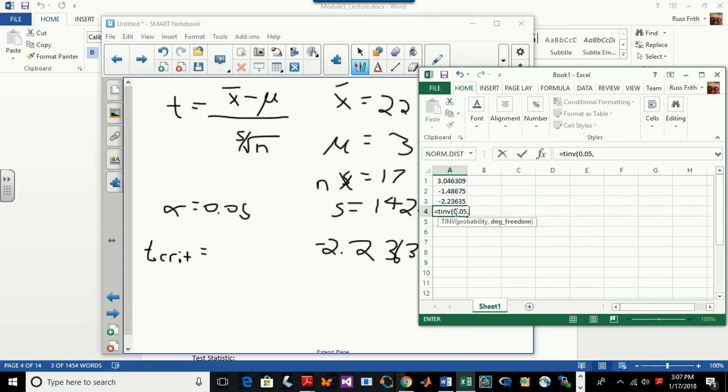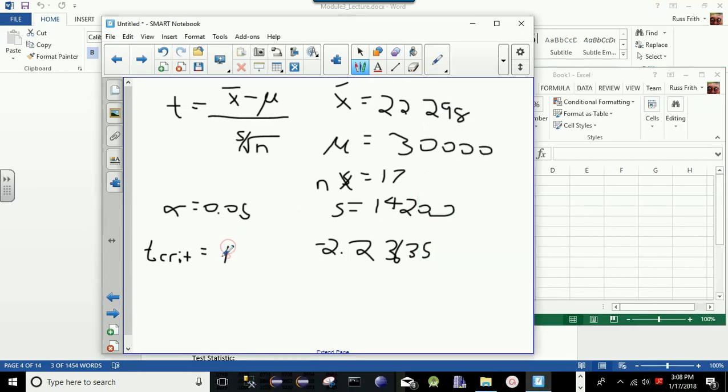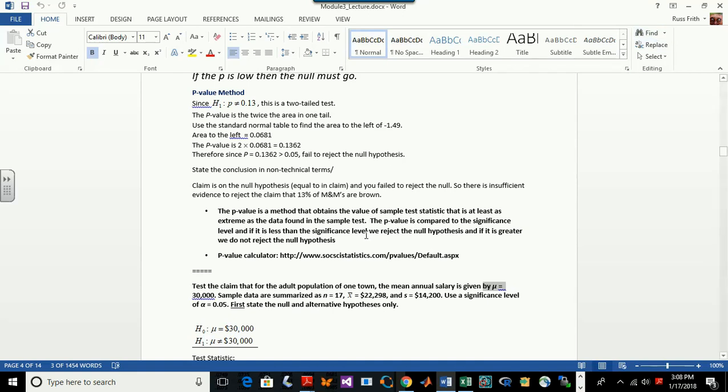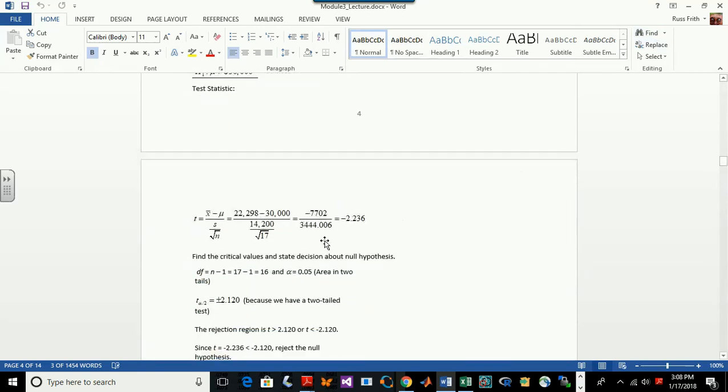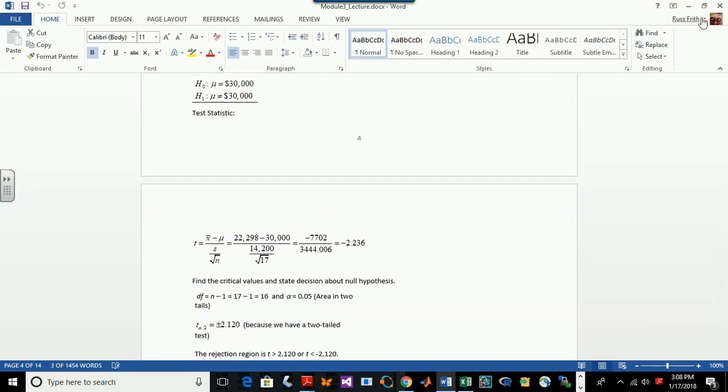So that's your probability, and the degrees of freedom are one less than the sample size, so it's 16. And so your critical statistic will be plus or minus 2.120.